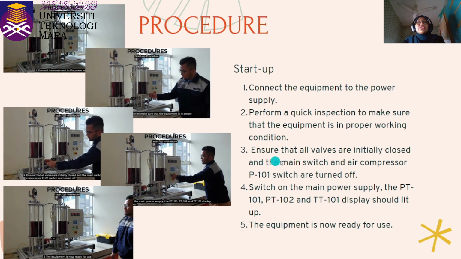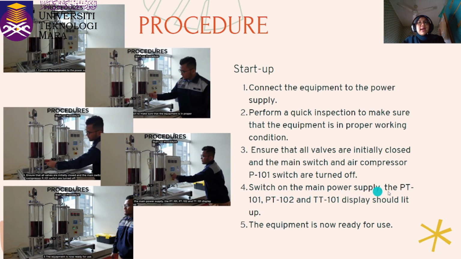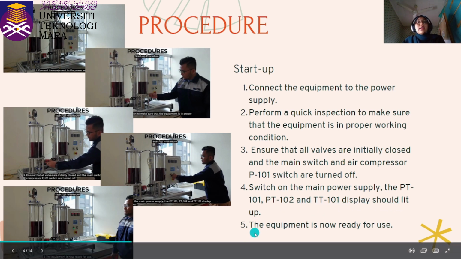Next, ensure that all valves are initially closed and the main switch and air compressor P101 switch are turned off. The fourth one, switch on the main power supply, the PT101, PT102 and TT101 display should light up. The equipment now is ready for use.